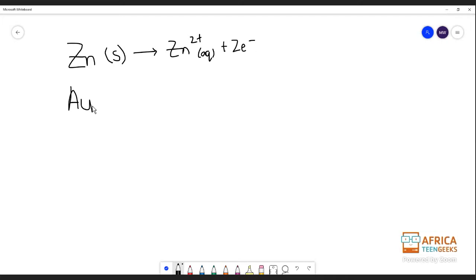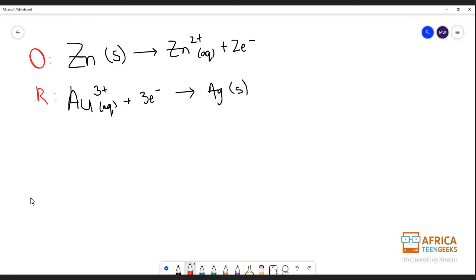And your gold is going to go from an aqueous state to a solid state because it's going to gain electrons. So this is my reduction reaction. This is my oxidation reaction.